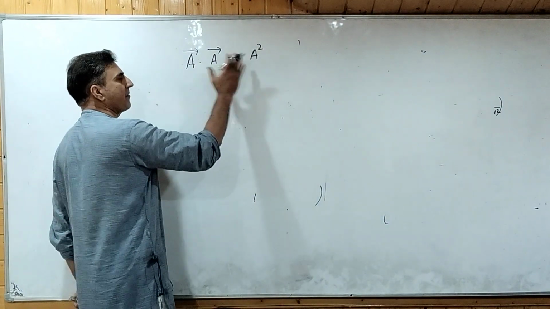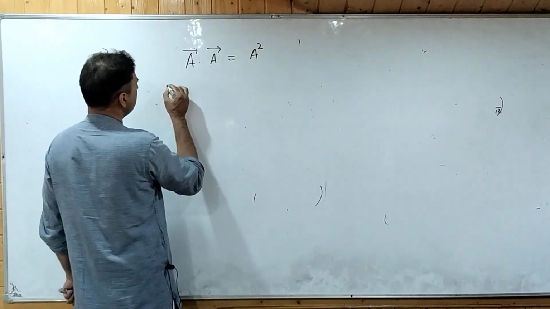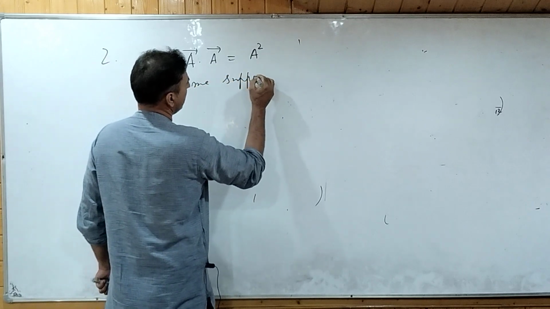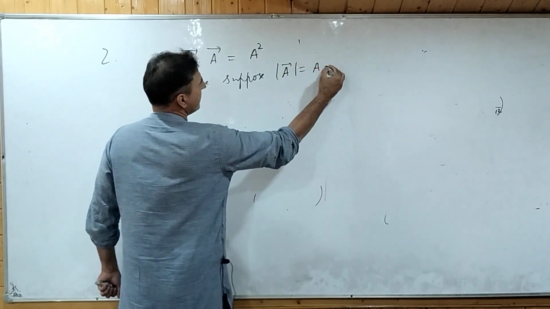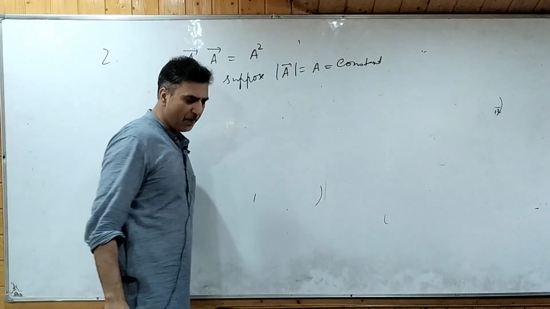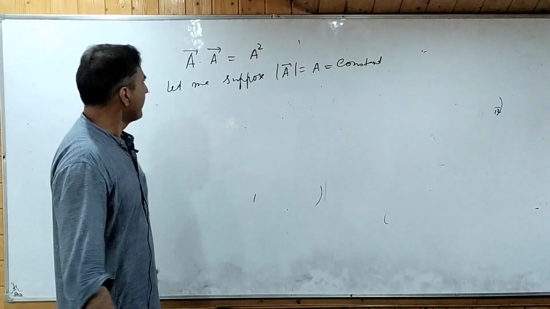But before I differentiate, let me suppose A magnitude, that is A only, is constant. It does not change. Magnitude of a vector does not change. Direction may change, but the magnitude does not change.